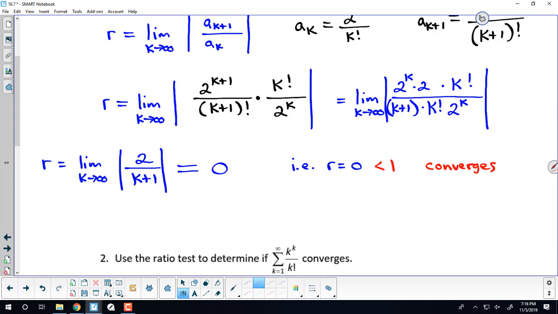If the ratio is less than 1, your series converges. That's what we'll see. The given series converges.